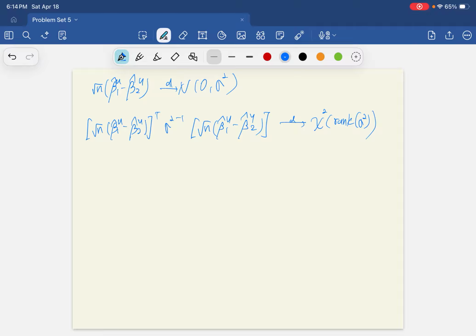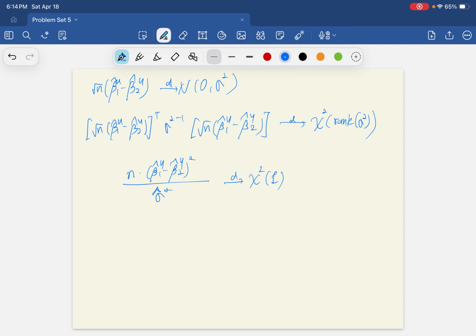Of course, it is a scalar, so you can simplify: n times (beta hat u1 minus beta hat u2) squared over sigma squared converges to chi-square 1. Of course, what you calculate uses sigma hat instead of sigma, because sigma is unknown.